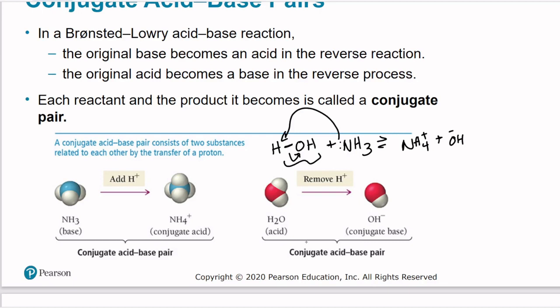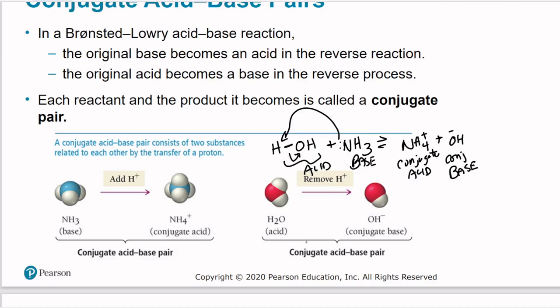So this is our acid plus our base. And then we form the conjugate acid of the base, and the conjugate base of the acid. So our acid is water, our base is ammonia.